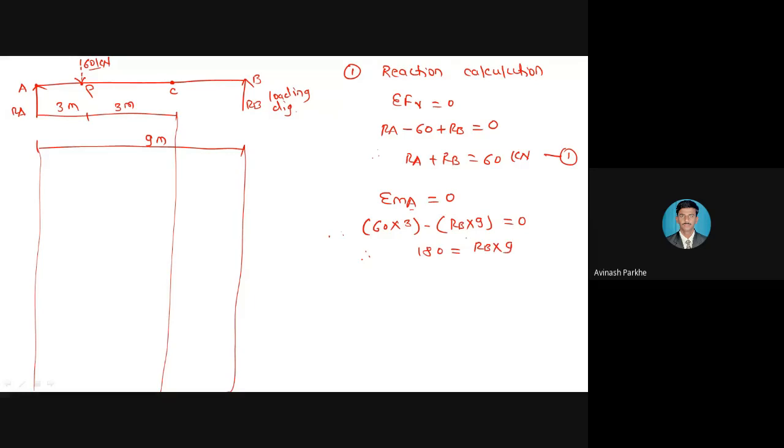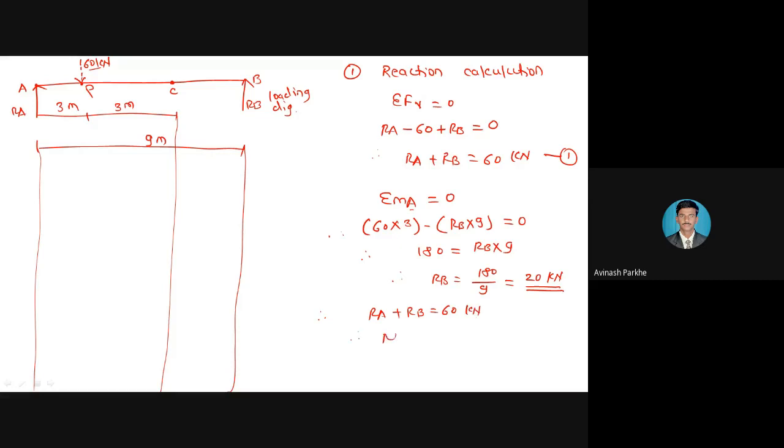Left side, it is negative. If I take it to the right side, it becomes positive. Therefore, you will get RB is equal to 180 divided by 9. What is the value? 20. RB is equal to 20 kilonewton. Now RA, and we have one more formula: RA plus RB is equal to 60 kilonewton.